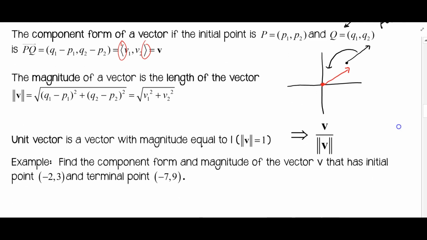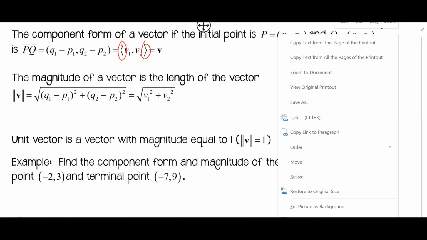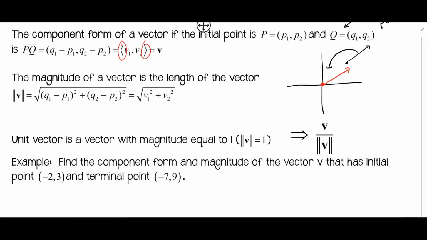All right, here's another concept, unit vector. A unit vector is a vector with magnitude equal to 1. So if I have a vector and its length is 1, so here's a vector, this is 1, this is just a pretty simple one, and this is 1, well, this would be square root of 2, so this would not be a unit vector.